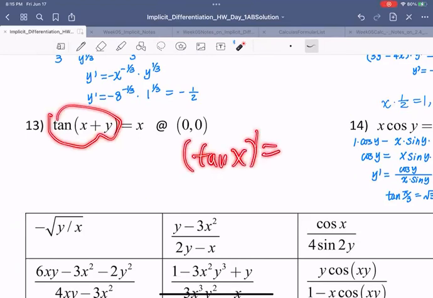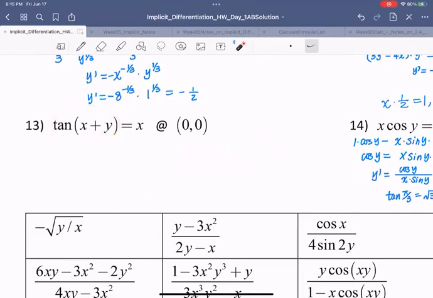You know this formula. Hey, we did this today just now. Go to your notes. Secant squared x? Secant squared, and you copy down this whole package, okay?